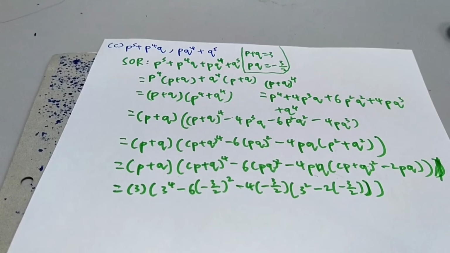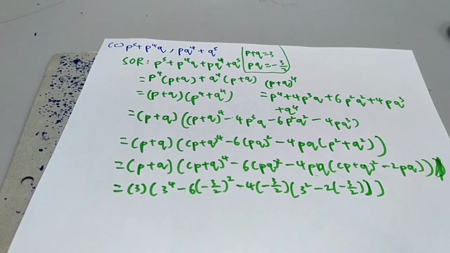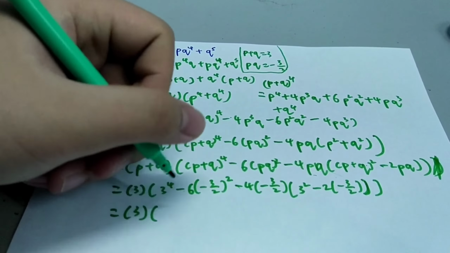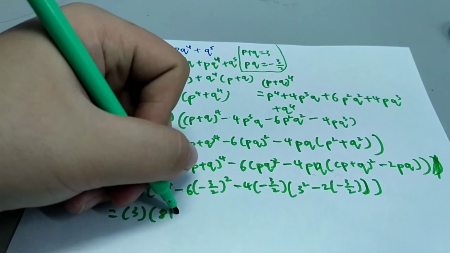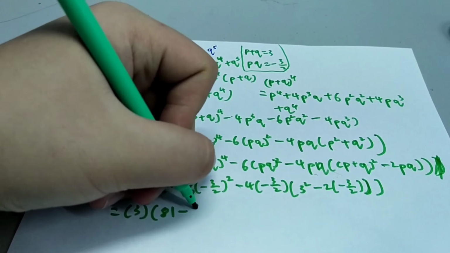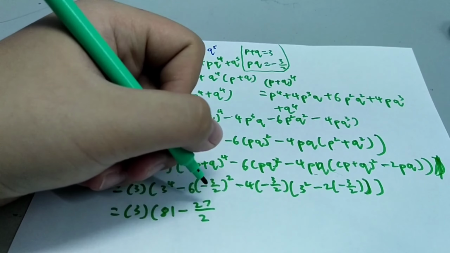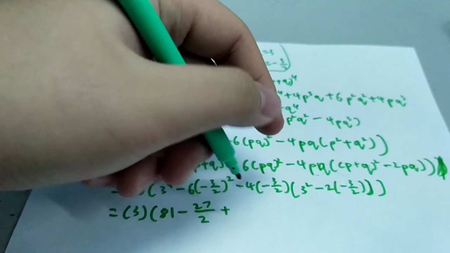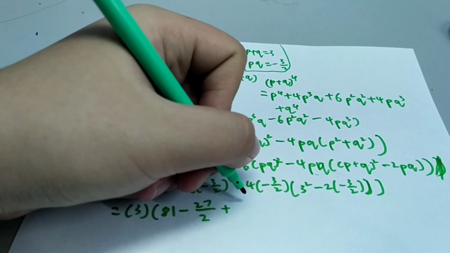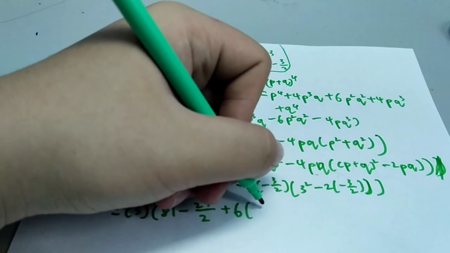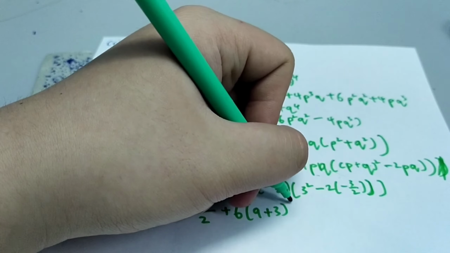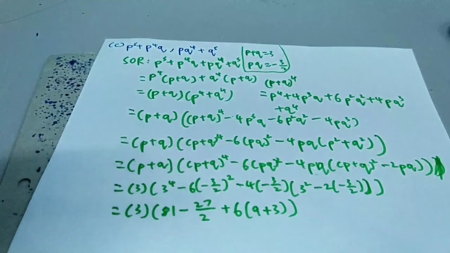So let's calculate this ridiculous thing. So this whole thing is equal to 3 times 81 minus 6 times 81 minus 27 over 2 plus, so we got distribute the negative, I will get plus 6 times 9 minus plus 3, and then this is our final result.